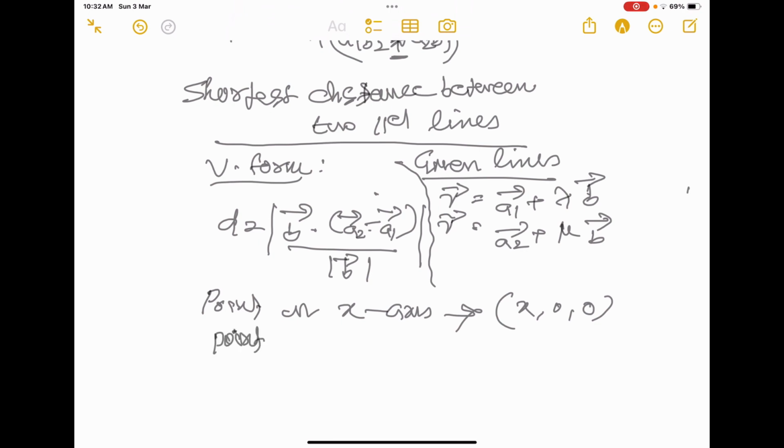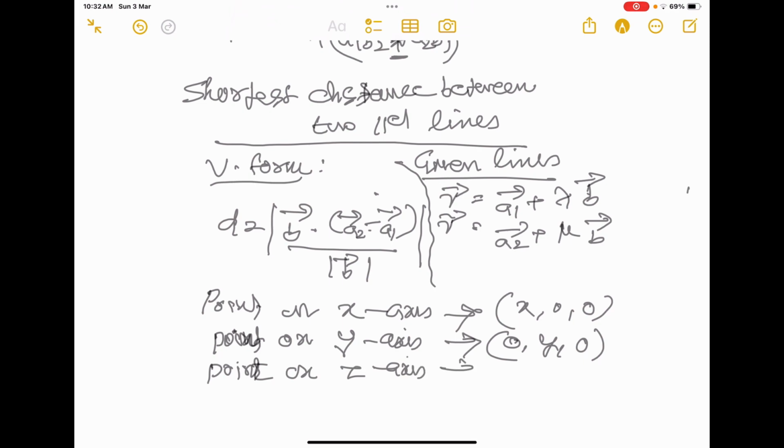A point on the y-axis is 0, y, 0. A point on the z-axis is 0, 0, z.